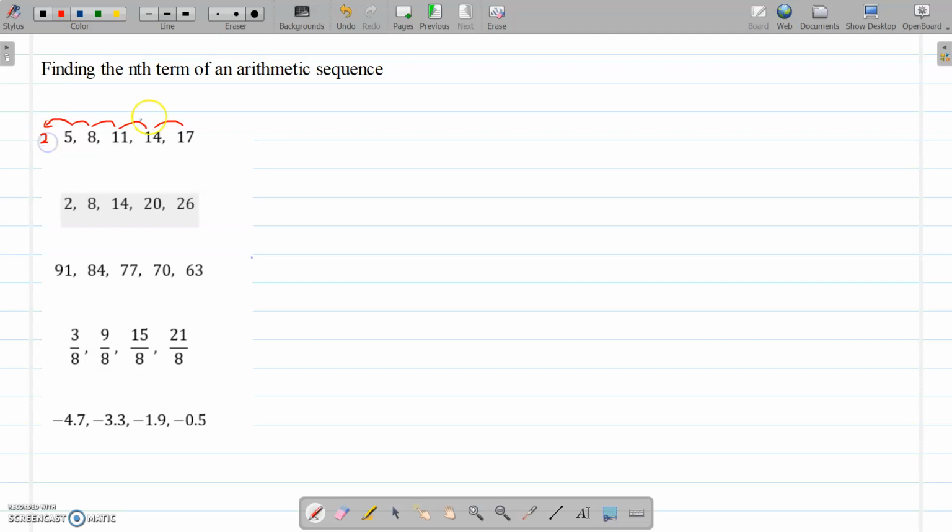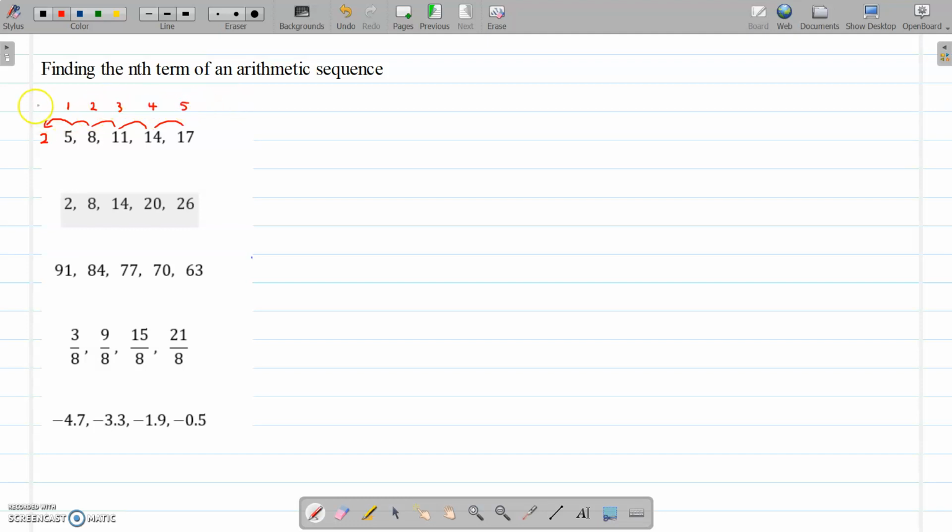Now, when we talk about the nth term, we're talking about the position in the sequence. So n is the position. Here, for example, n is 1. That's the 5, the first number. The second number was 8, the third number 11, and so on. The 14 was the 4th term, and the 17 was the 5th term.